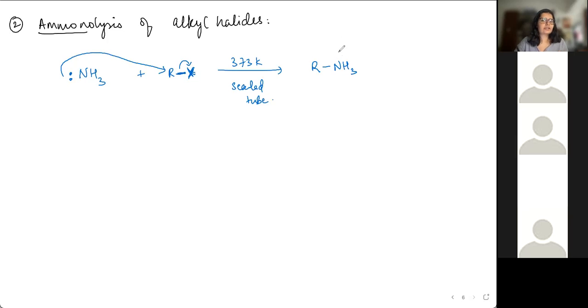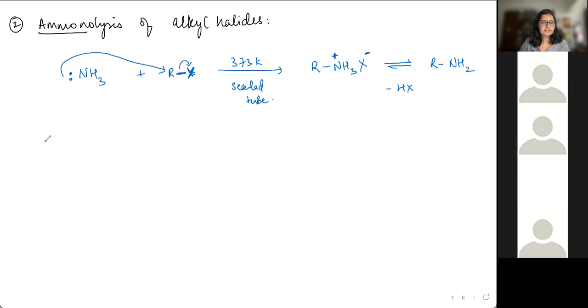Because it's donated the lone pair of electrons, nitrogen gets a positive charge. And because this took the pair of electrons, halide gets a negative charge. And this in turn is converted to amine, where HX is eliminated.